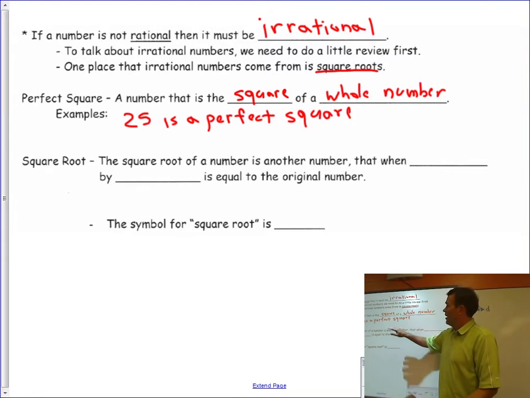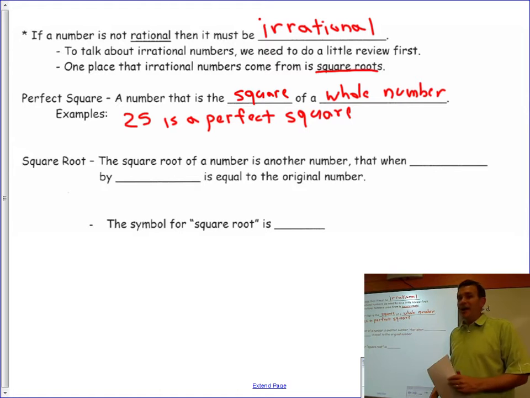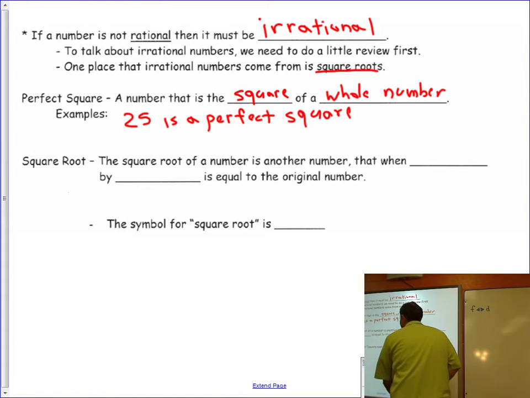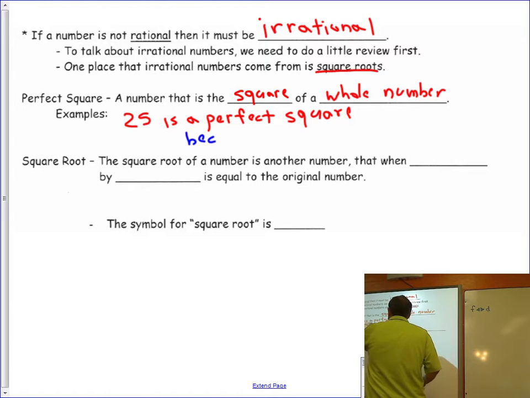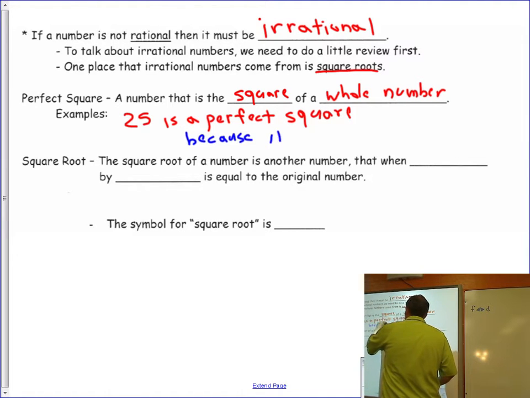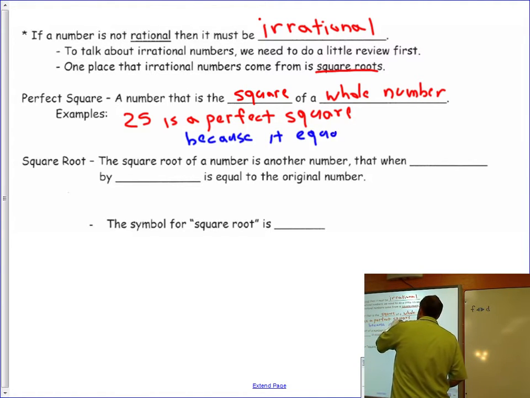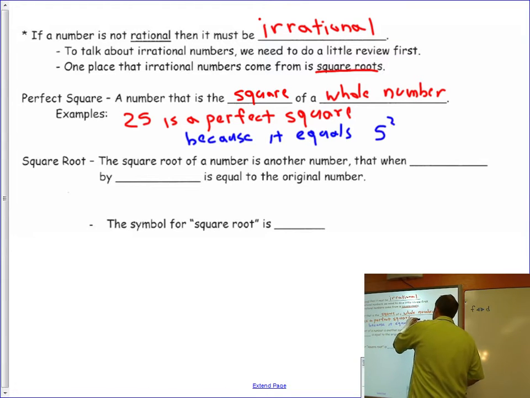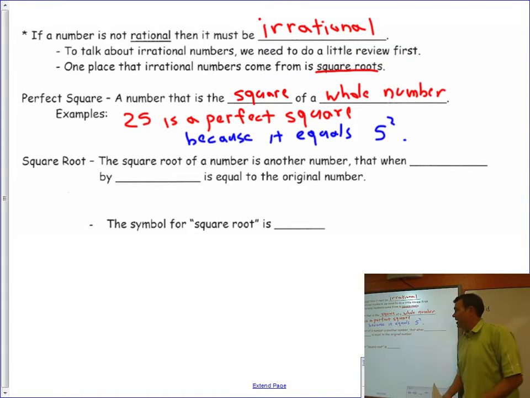It's a perfect square because it is the square of a whole number. 25 is a perfect square because it is equal to the square of 5, or 5 squared. That is what a perfect square is. Take any whole number, square it, and you get what's called a perfect square.